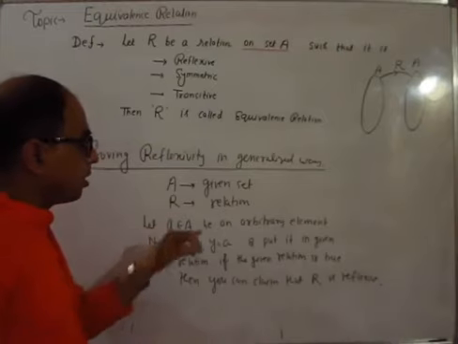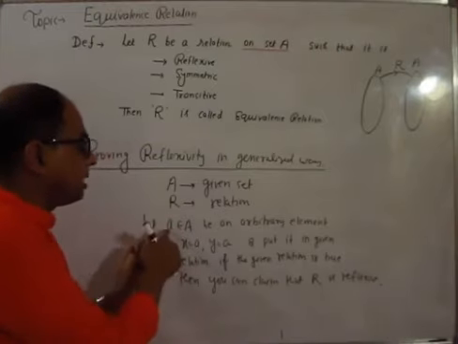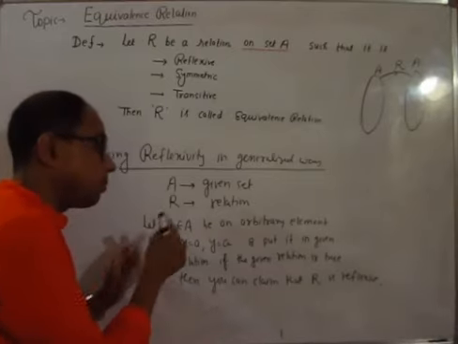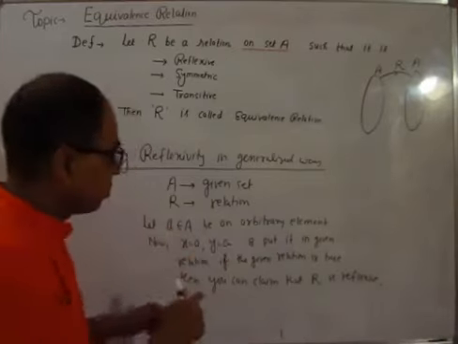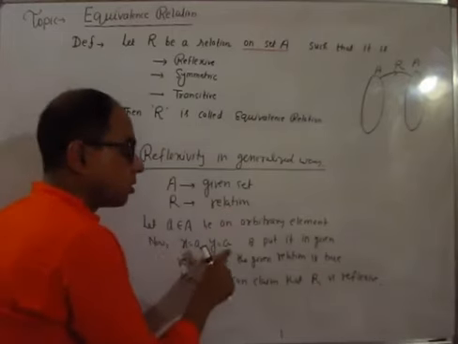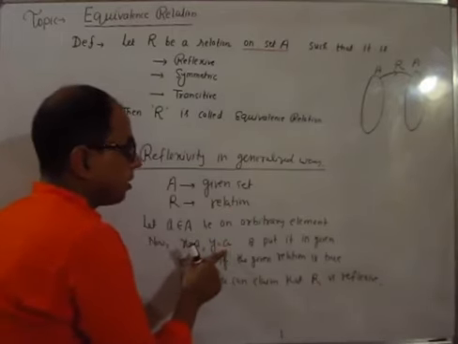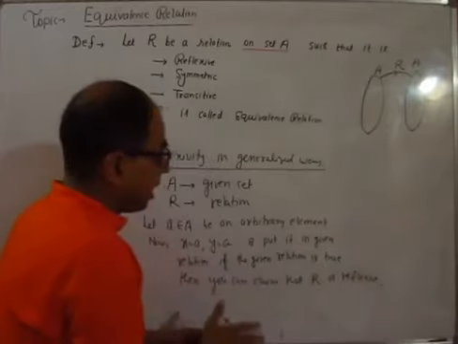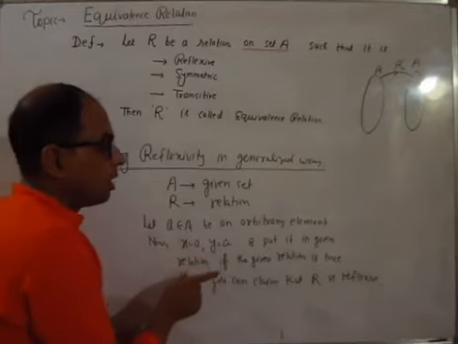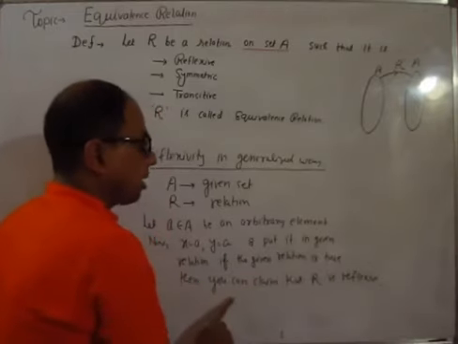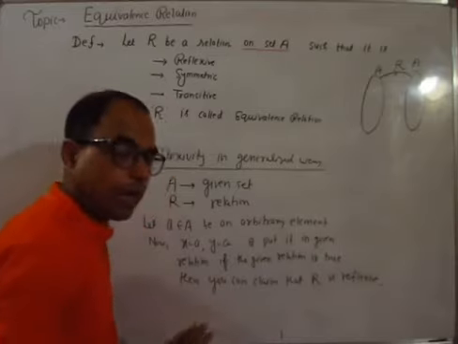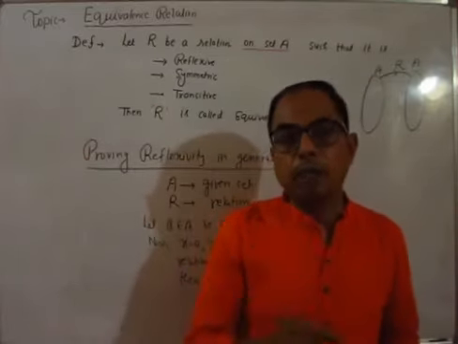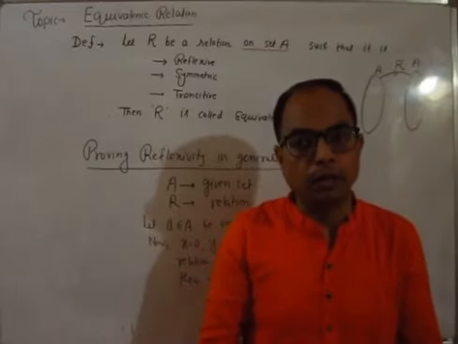For reflexivity, this element a must be related with itself. So let x equal a and y also equal a, and put these values in the given relation. If the relation is true, then you can claim that R is a reflexive relation. After that, if you wish, you can give one example to strengthen your statement.